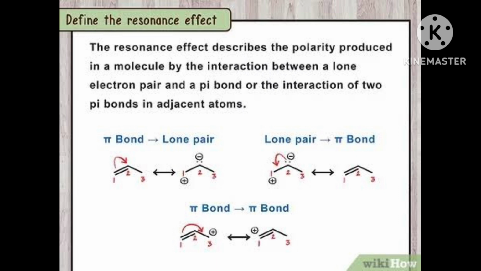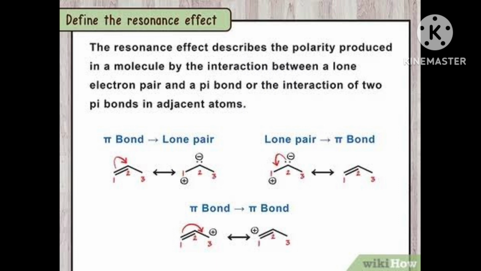The best example is aniline, meaning in benzene an NH2 group is attached. Then N has a lone pair of electrons and N is attached to benzene by a single bond.